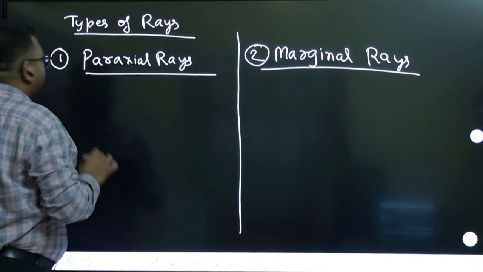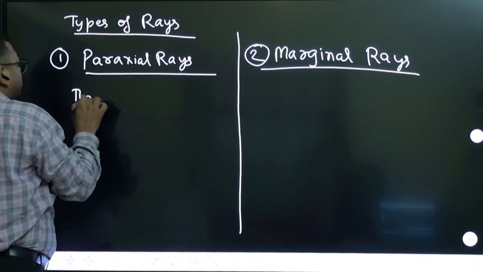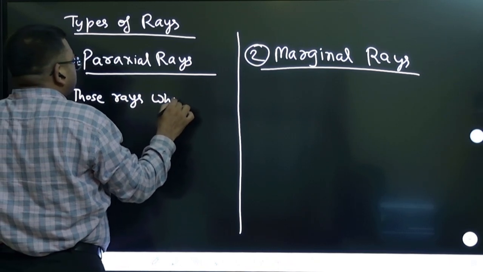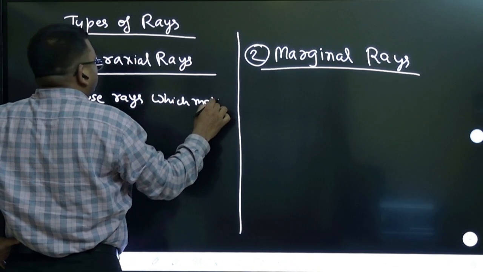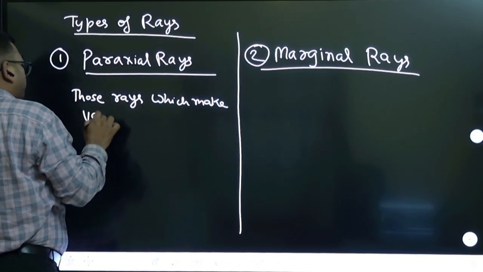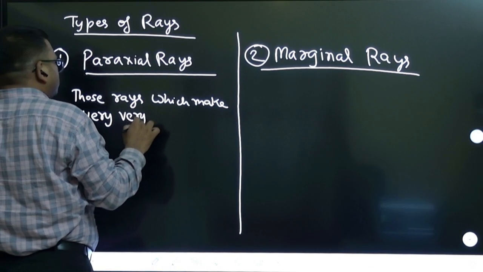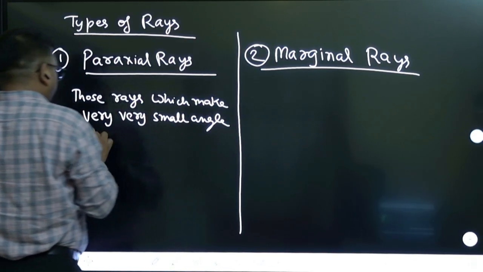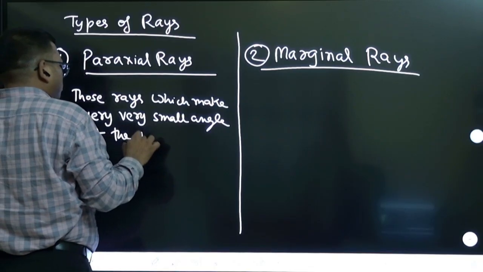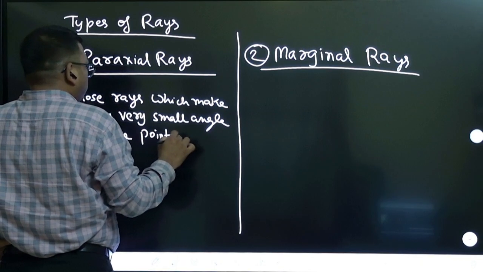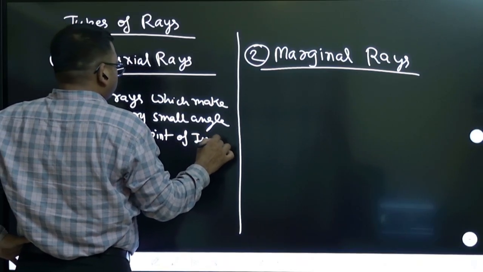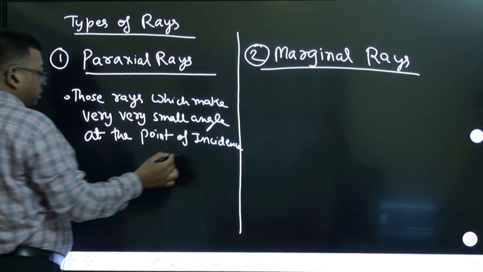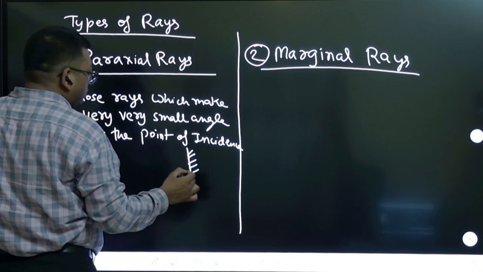What are paraxial rays? Those rays which make very very small angle at the point of incidence. So you know that law of reflection, all of you know.